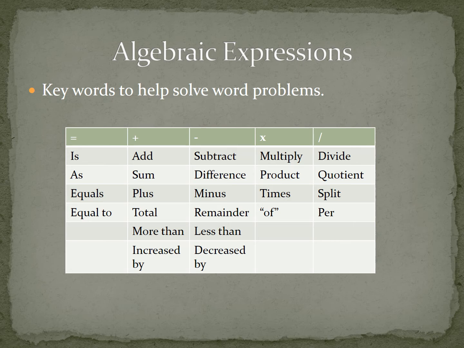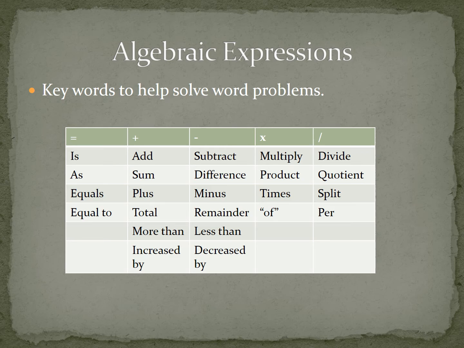But just realize what these words mean, what they're asking you to do in the word problem. So obviously is, as, equals, equals to, is hopefully equal to your equal sign.